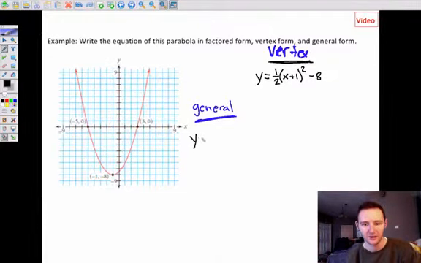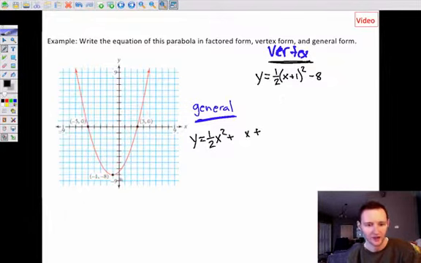This is going to look like y equals something x squared plus something x plus something else. We can figure out a couple different things just by looking at the graph. We know that this is going to be a 1/2 x squared because we already know the scale factor is a half.